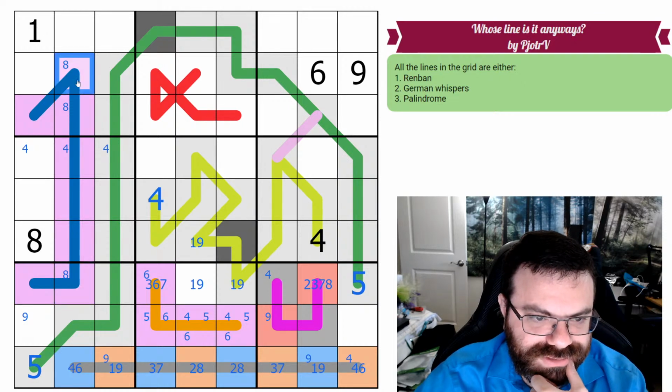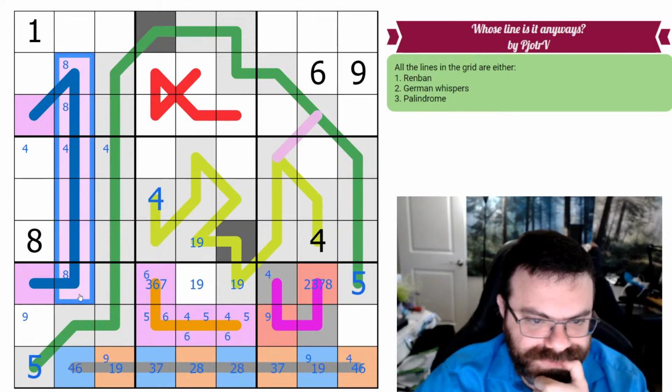There's also a 5 on the purple line here.